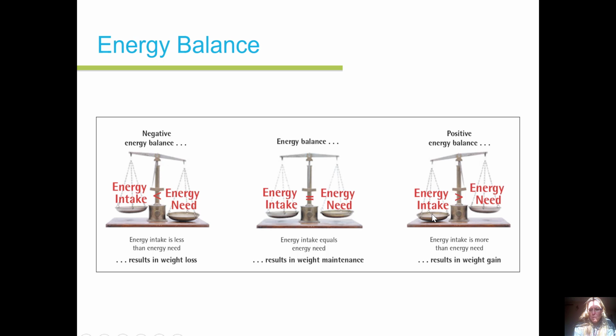We're ingesting way more calories than our actual body is burning off. So these numbers are key in understanding where we're at as far as this energy balance theory of weight control. So again, like I said, you're going to be calculating this number here on the left in the next few weeks when you do your personal diet analysis.